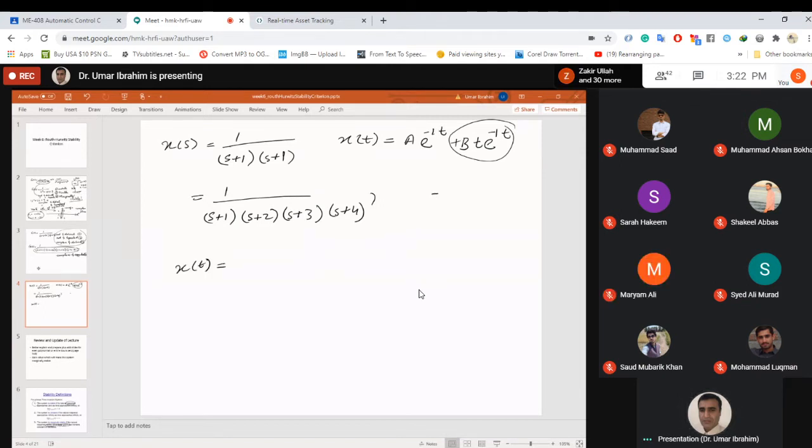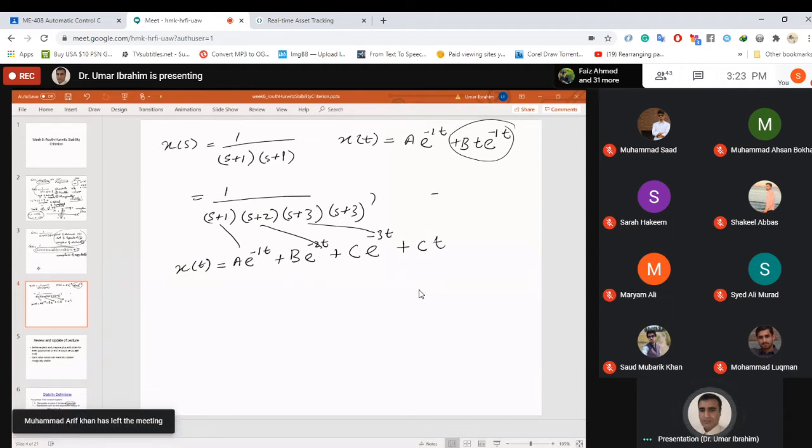X of t is equal to a e raised to the power -1 of t for this pole, plus b e raised to the power -2 of t for this pole, c e raised to the power -3 of t for this pole, and then for any repeated pole, it will be c3 t.